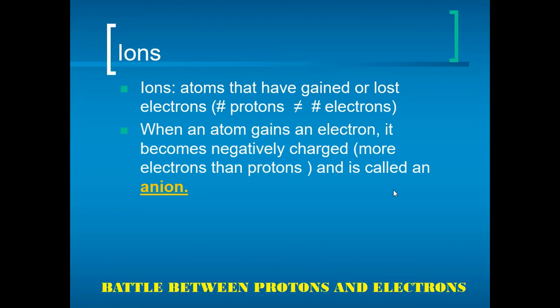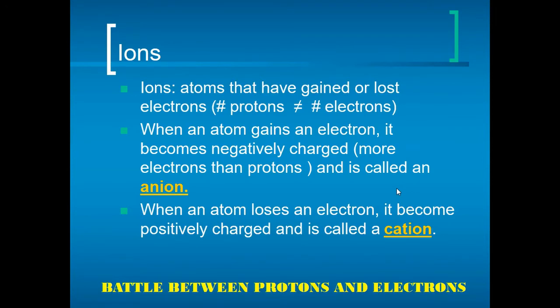It's called an anion. An anion is a negatively charged atom. Okay? If an atom loses electrons, it becomes positively charged because it has more protons than electrons. It lost some electrons, so it has more protons than electrons, so it's positively charged, and it is called a cation, not a cation, a cation.